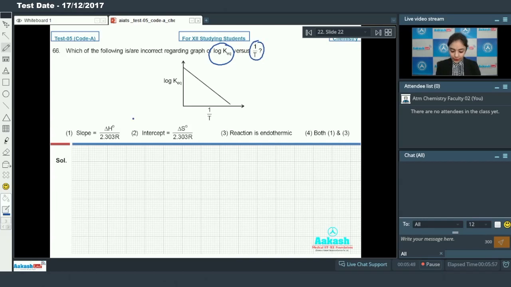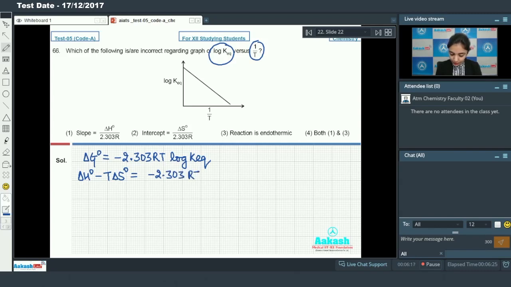So you must be knowing that the value of delta G naught at equilibrium is minus 2.303 RT log K equilibrium, and delta G naught we can also write as delta H naught minus T delta S naught is equal to minus 2.303 RT log K equilibrium.